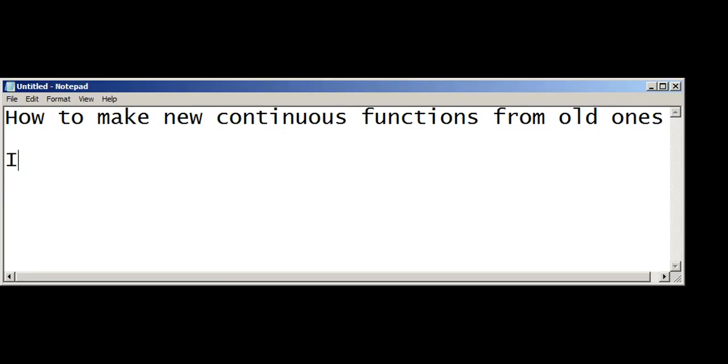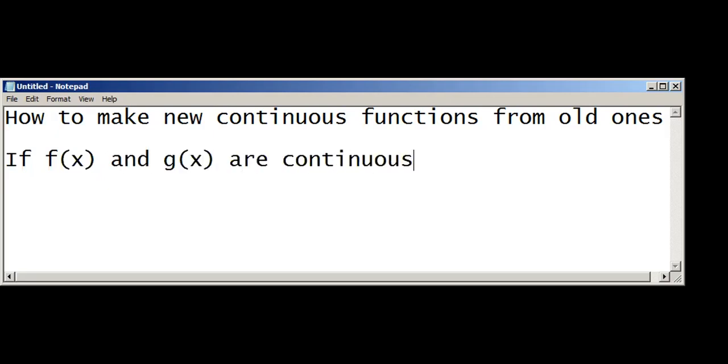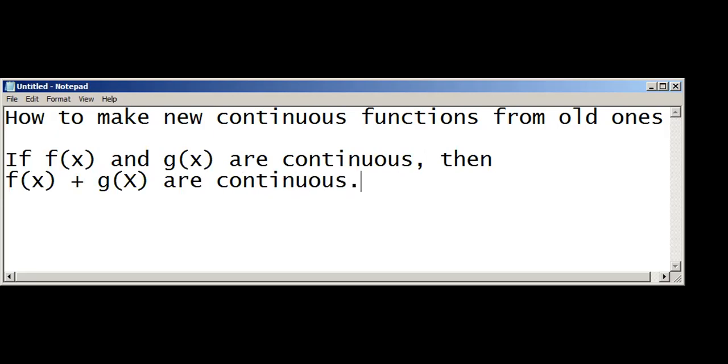So what can you do? If you have two functions that are known to be continuous, then their sum is also going to be continuous. And so why might that be true? If you go back to the definition, you're continuous at a if the limit as x goes to a of f of x is equal to f of a.